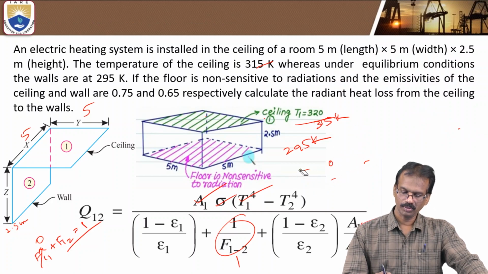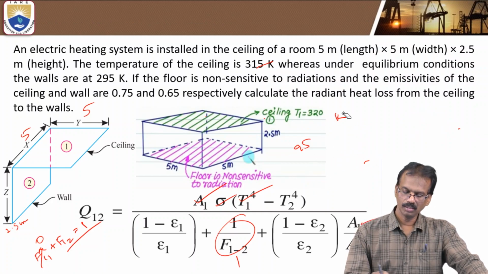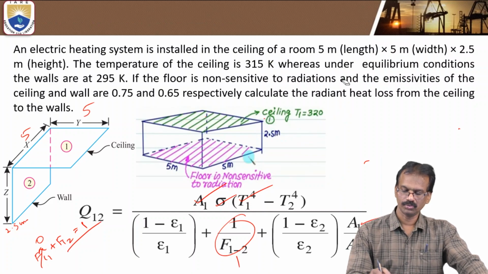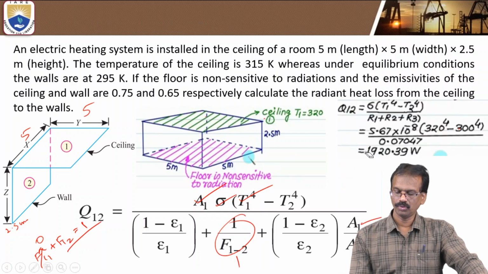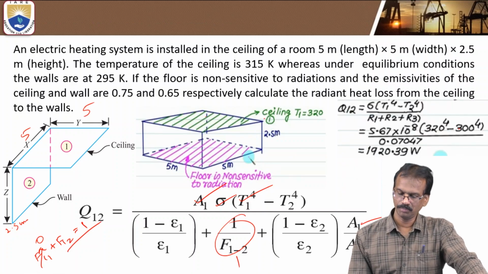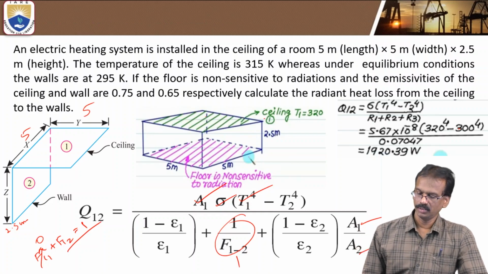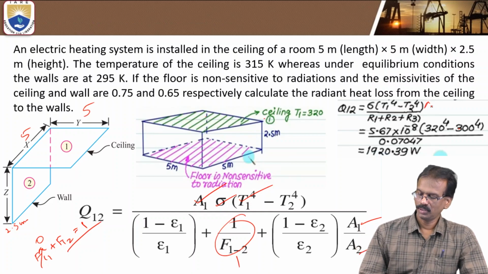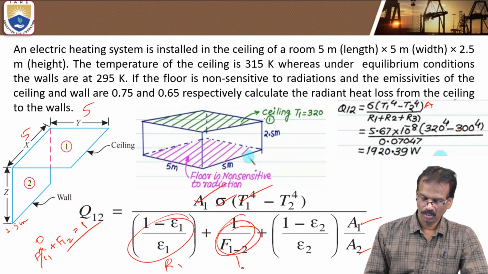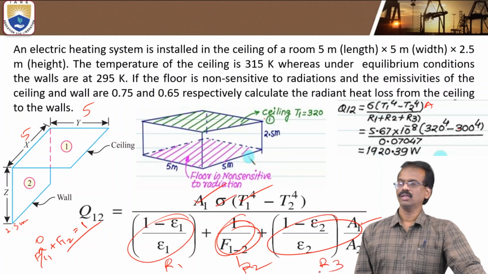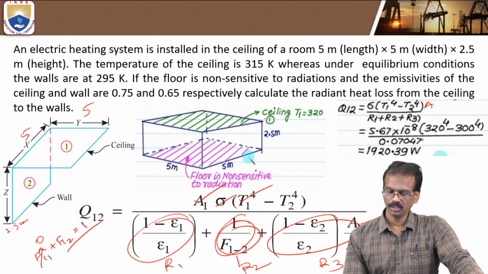It means the rate of heat transfer between the ceiling and the surrounding walls, Q12. So Q12 is equal to, this is the formula. It means sigma A. Here, if you consider the sigma A, this is the R1, this is the R2, this one is R3. Okay, if you solve this one, automatically you will get this formula.